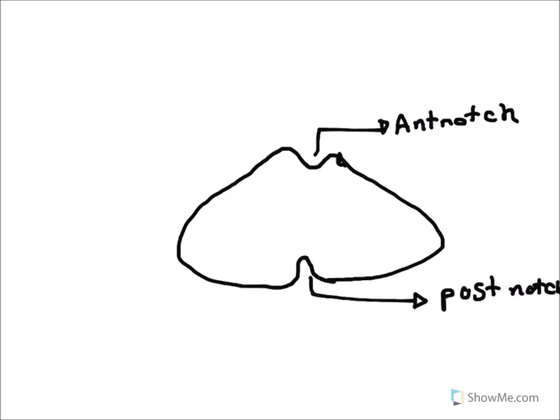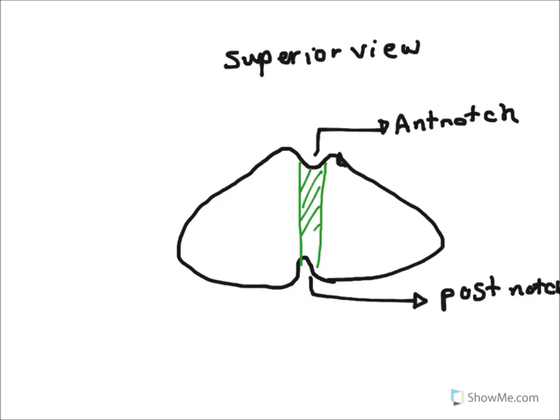This is the superior view of the cerebellum, in which we are looking at the superior surface of the cerebellum. The cerebellum also has a midline structure called the vermis of the cerebellum.